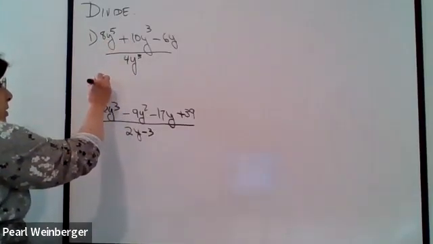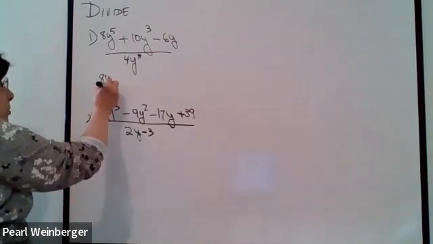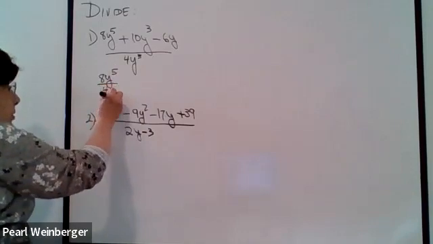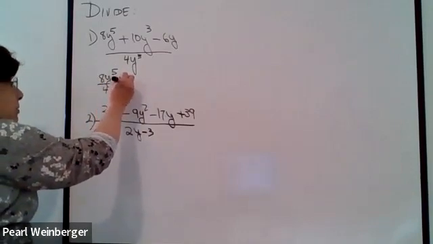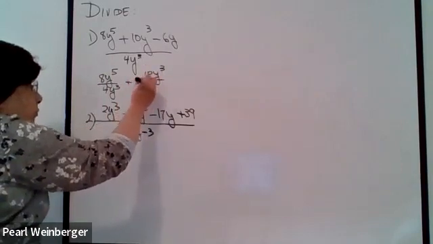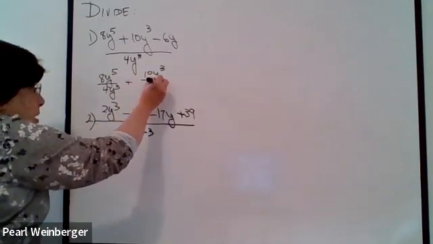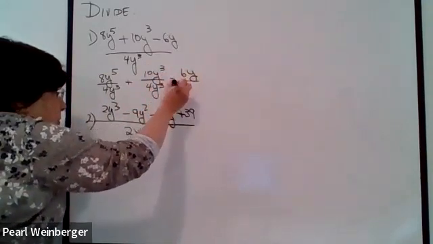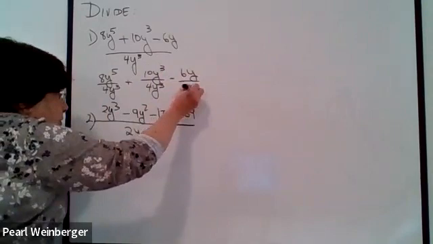In other words, rewrite this as 8y to the 5th over 4y cubed plus 10y cubed over 4y cubed minus 6y over 4y cubed.